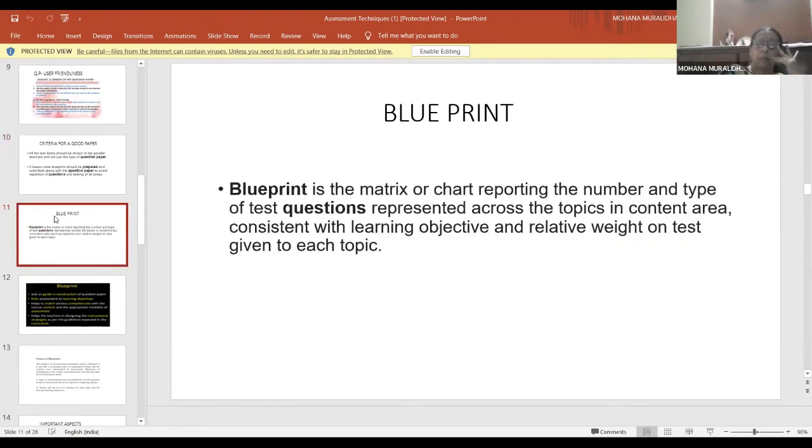A blueprint is nothing but a matrix or a chart reporting the number and the type of questions. I must be in a position to say that this is the type of question represented across the topics in content, consistent with the learning objectives and relative weight. The purpose of the blueprint is just to help you all understand the content.